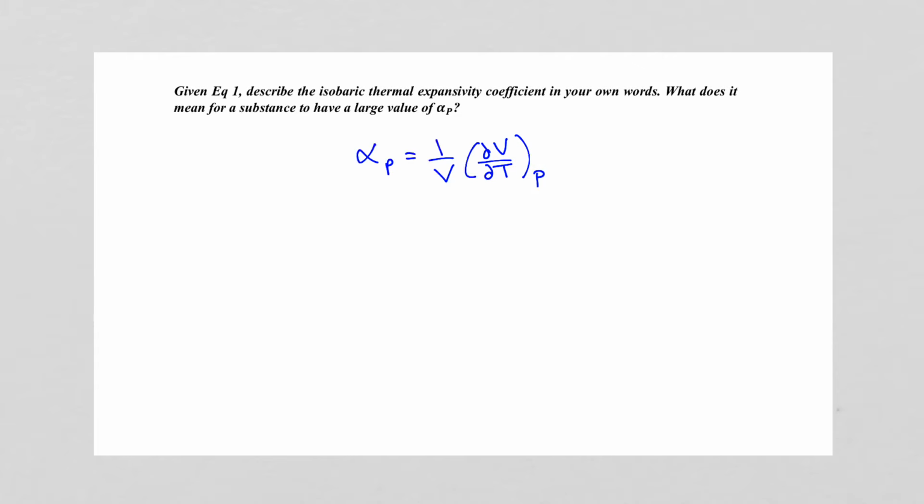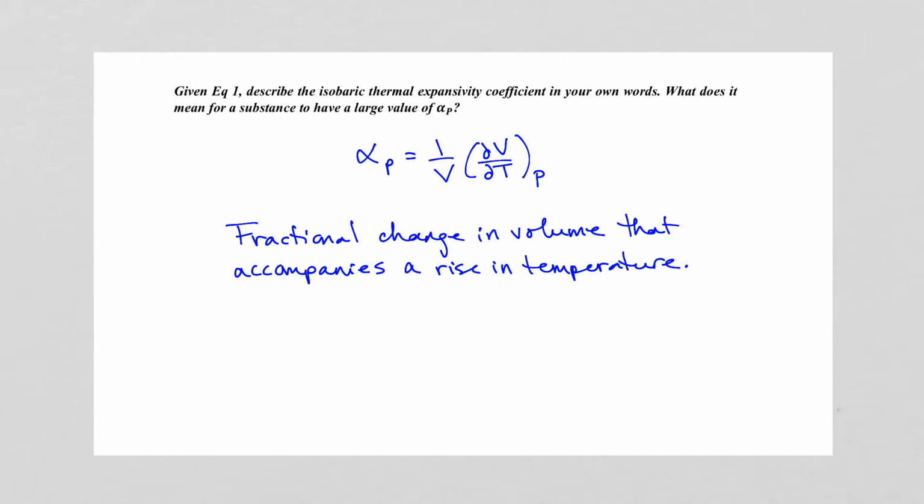Really, we're just trying to get at, can you determine what an equation is helping you to figure out about your particular situation. Essentially, what we're going for is some description along the lines of a fractional change in volume that accompanies a rise in temperature. That is generally how we're going to utilize the alpha P coefficient.